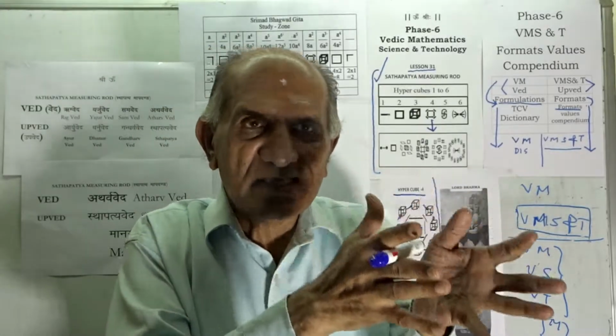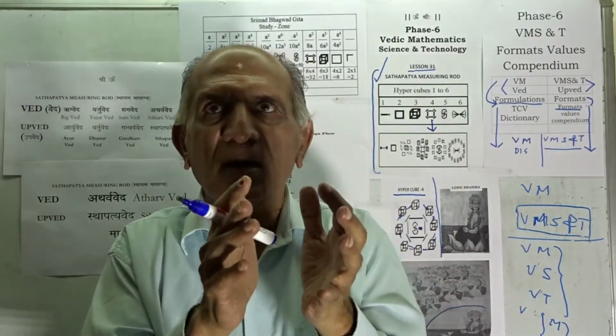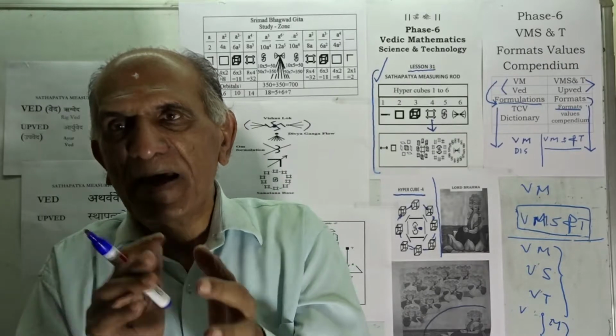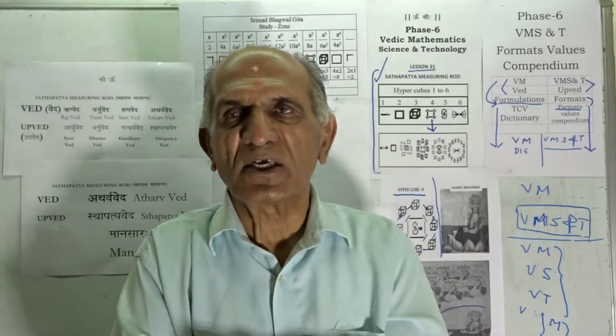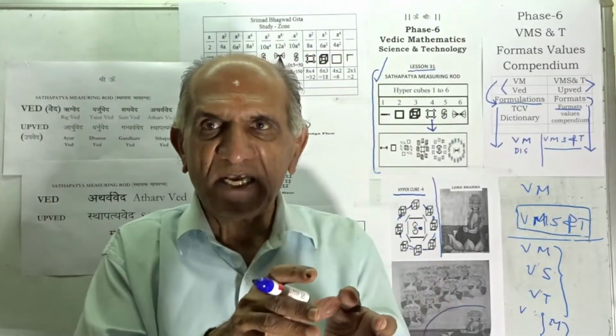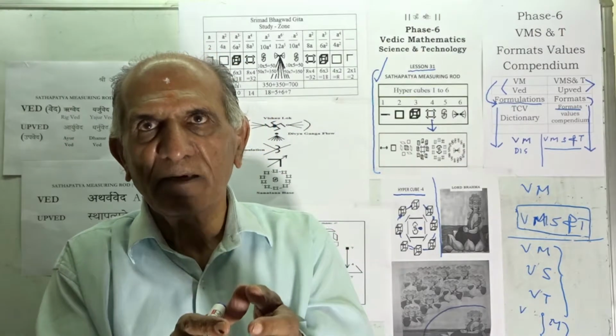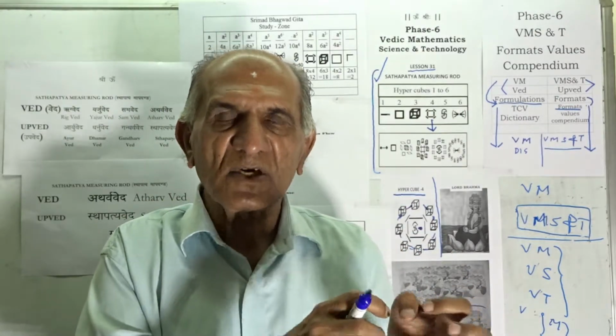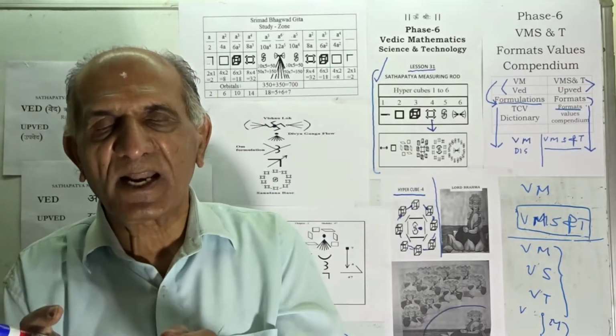How these phenomena are going to be chased by Vedic mathematics, science and technology. We have to chase this existence phenomenon along the unified format of Vedic mathematics, science and technology.